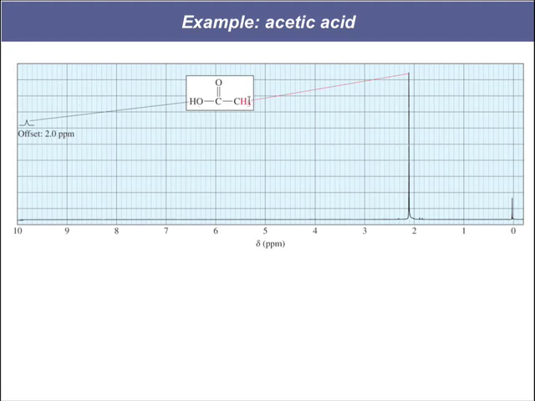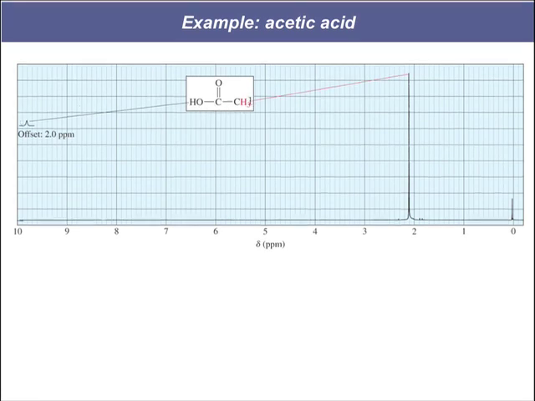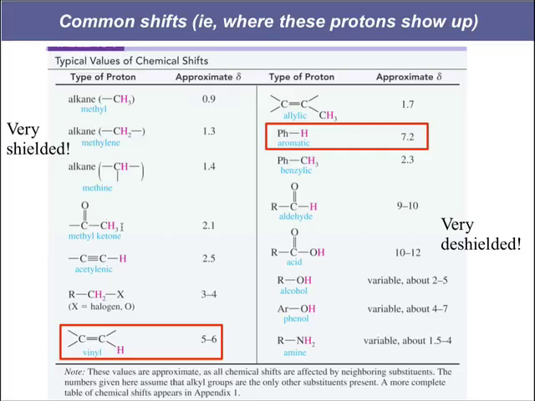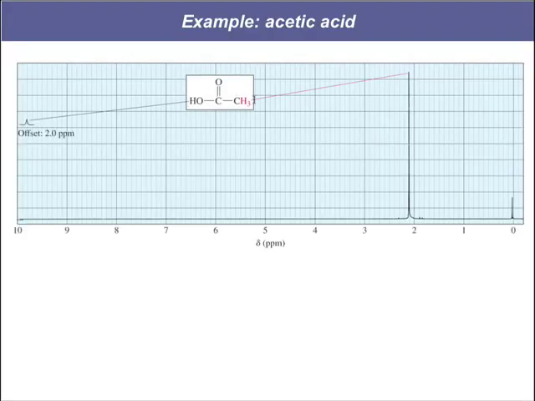Remember, these are the methyl ketone hydrogens. We showed you that right here. Hydrogens on a carbon adjacent to a carbonyl show up at 2.1. So these guys on a carbon adjacent to a carbonyl, the methyl ketones, should show up at about 2.1. That's exactly where they show up.